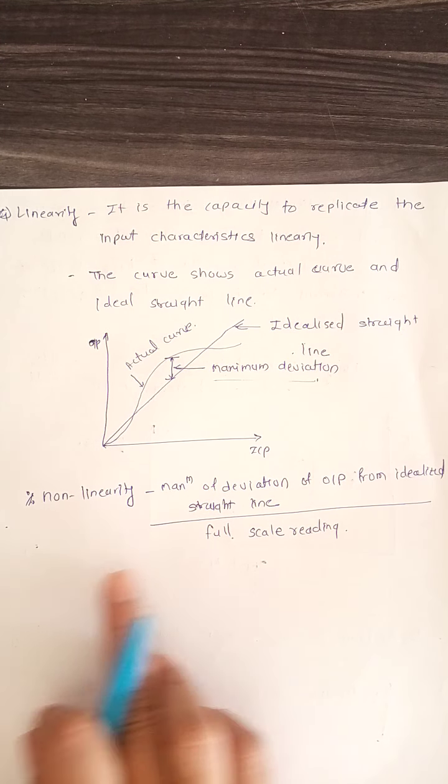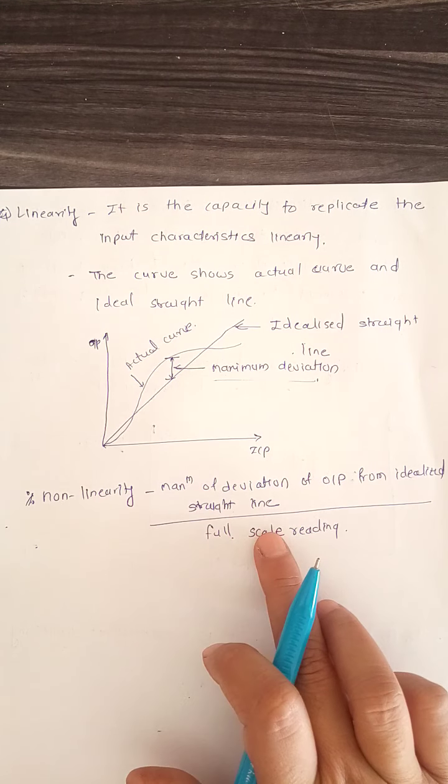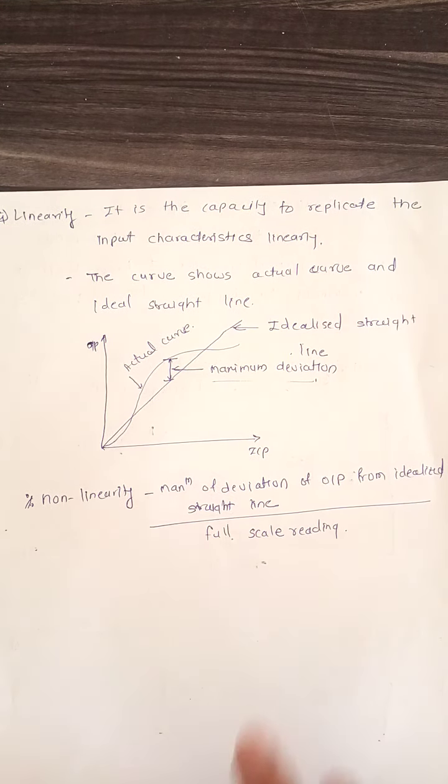It is the ratio of the maximum deviation of the output from the idealized straight line divided by the full scale reading. This is the non-linearity. Linearity means the capacity to reflect the input characteristics linearly.